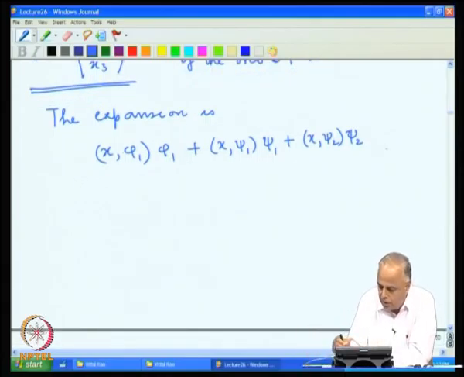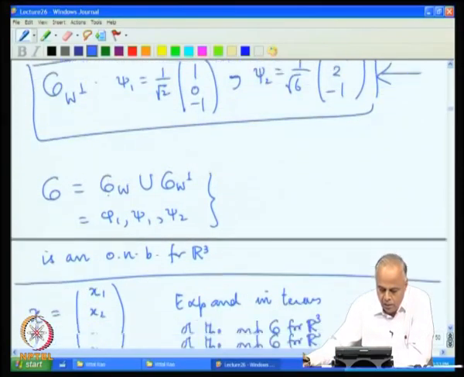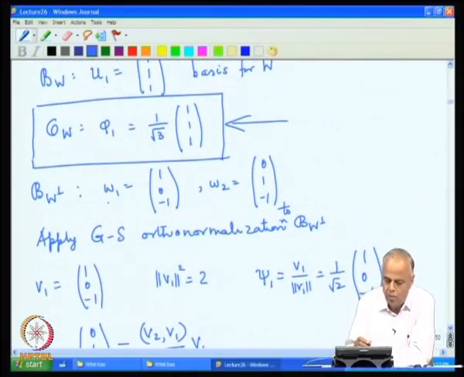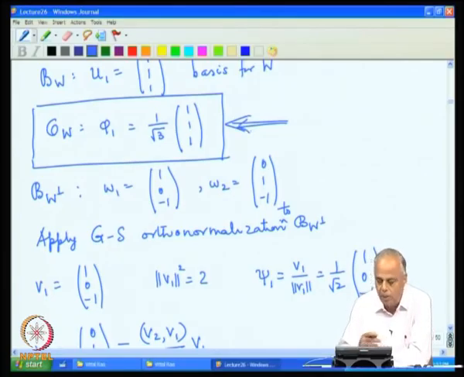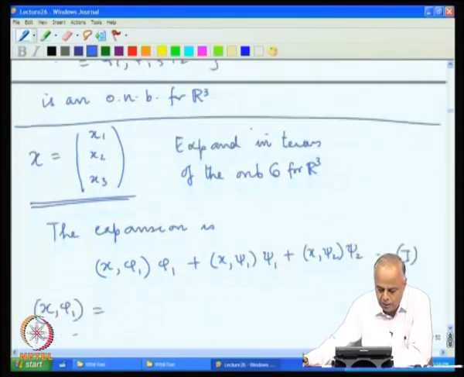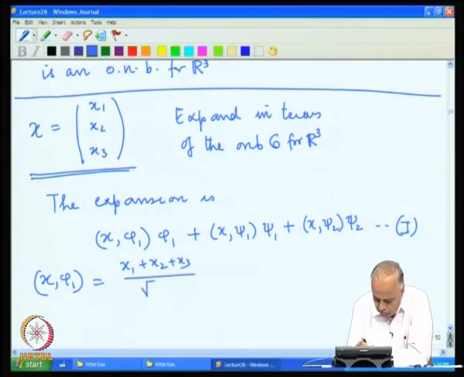So, let us call this 1. What is x dot phi 1? We have phi 1 is the vector 1 by root 3 into (1, 1, 1). So, if I dot product x with that, I get (x 1 plus x 2 plus x 3) by root 3. Next, what is x dot psi 1?